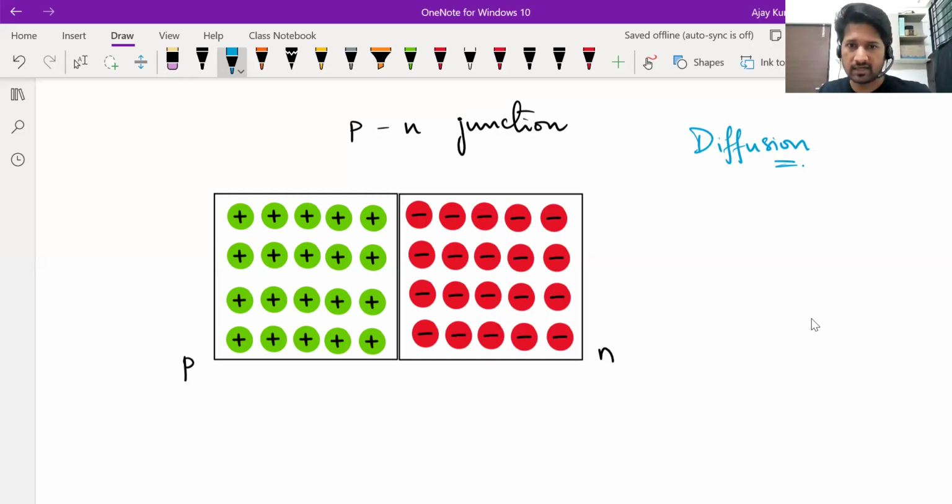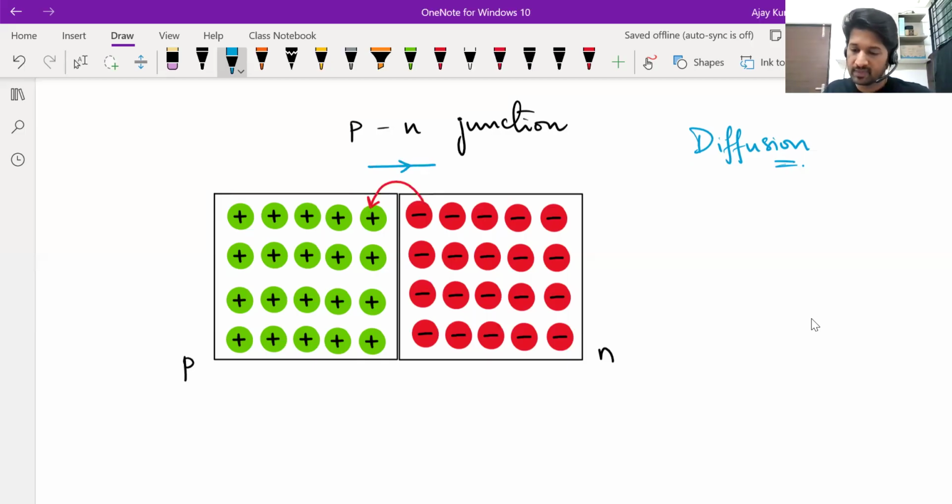Now, from where to where are electrons going? From the n side to p side. Due to diffusion, electrons go from n side to p side. Now, an electron is negatively charged. Negative charge moving to the left means current flowing to the right. So electron going from n to p results in a current to the right, from p to n.